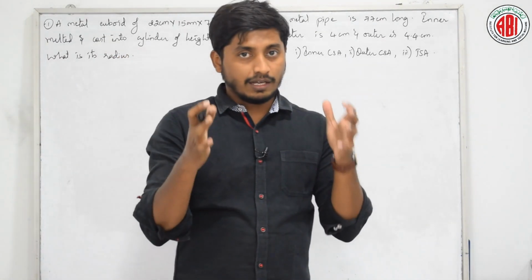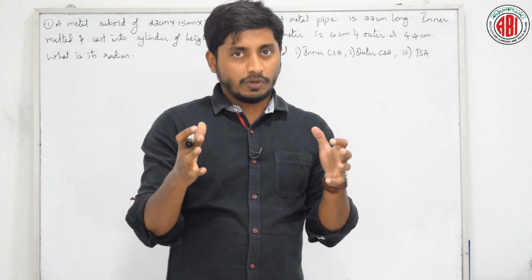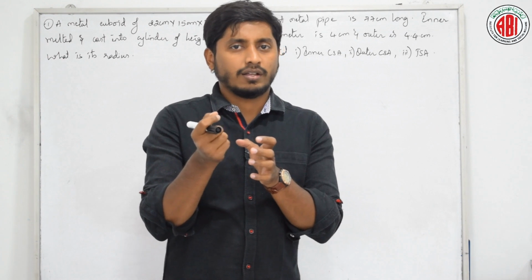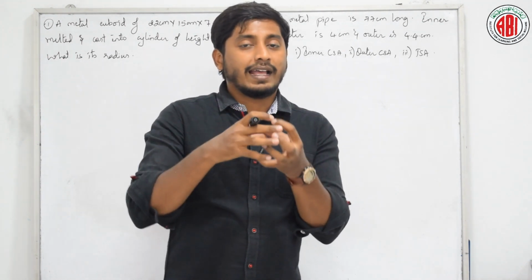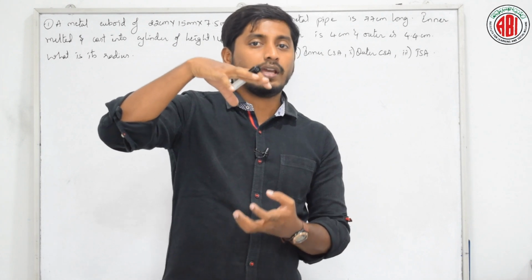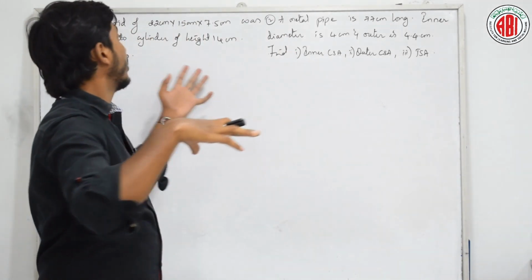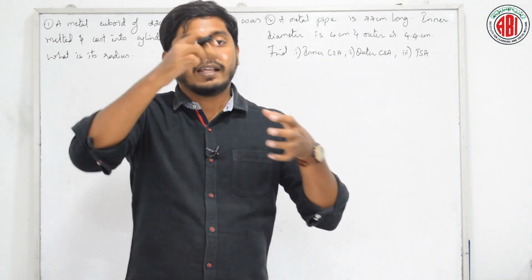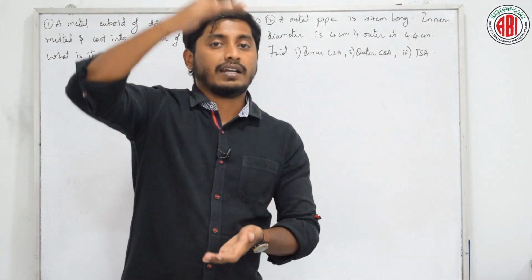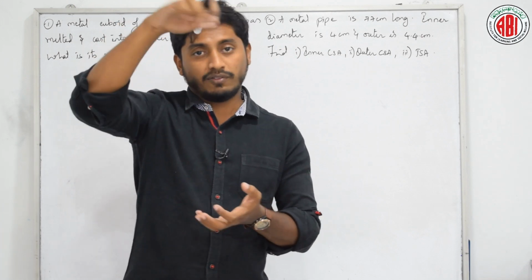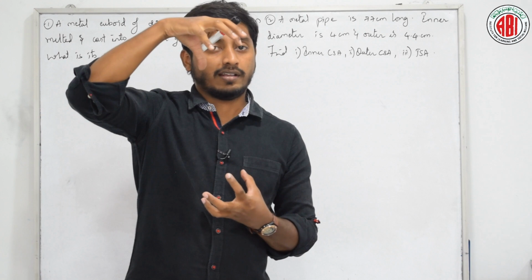They have taken a cuboid and melted it, and they again made it into a cylinder. He is telling that the height of the cylinder is 14 centimeter. Can you find the radius, that is how broad it is?